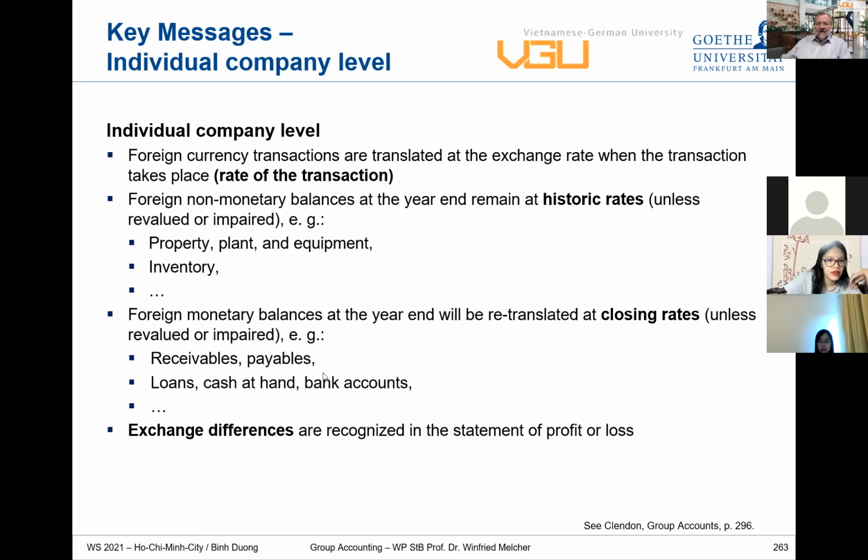All these kinds of items are near the money and therefore called monetary items. And we will retranslate them at the closing rates. The exchange differences are then recognized in the statement of profit or loss. So just put them there and that's it.